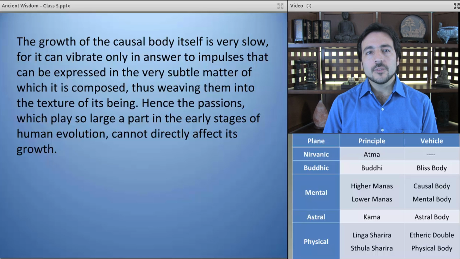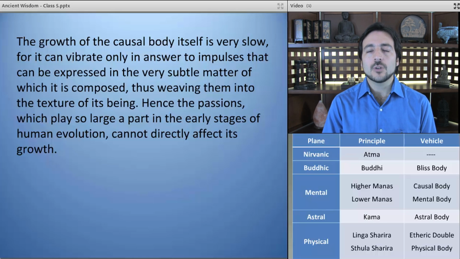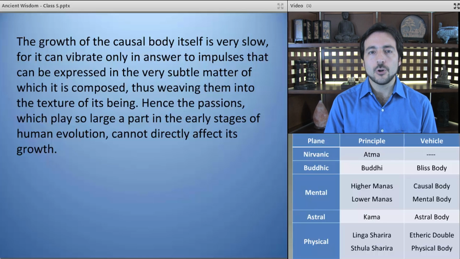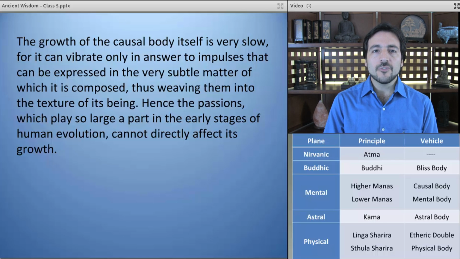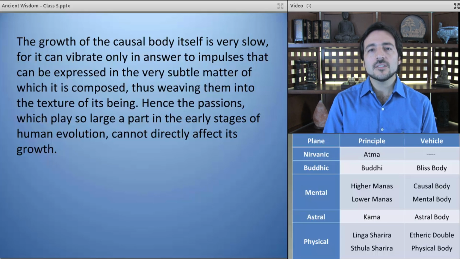Only what we would call spiritual aspirations, high morality, the desire to understand, to know our true self, these things can really make the causal body grow. Or feelings of love, or actions of self-sacrifice, all these things are the ones that can reach the causal body.